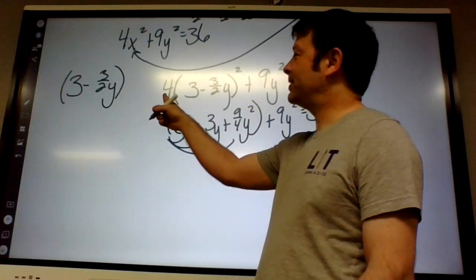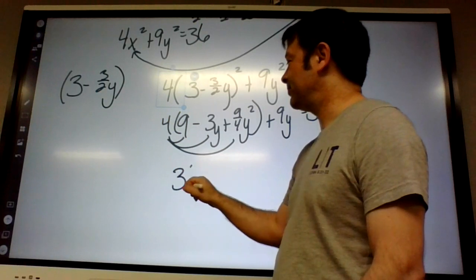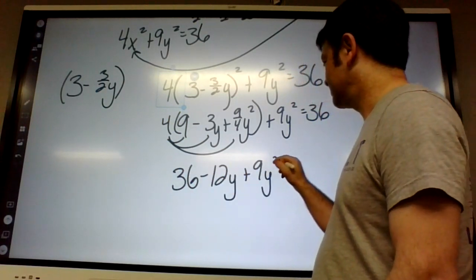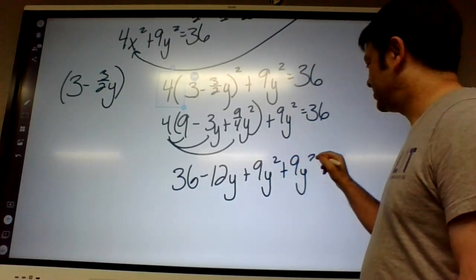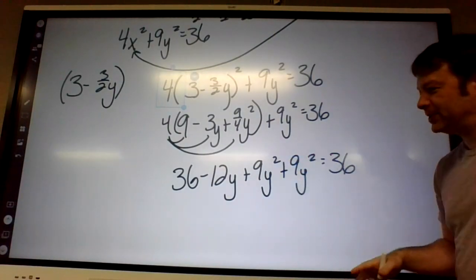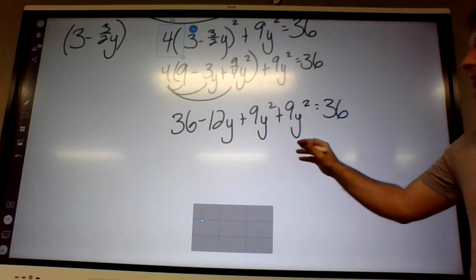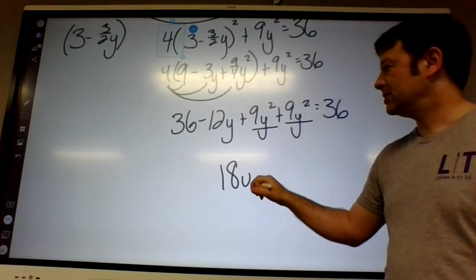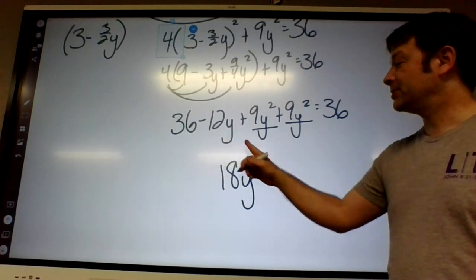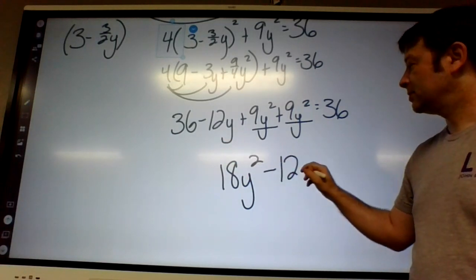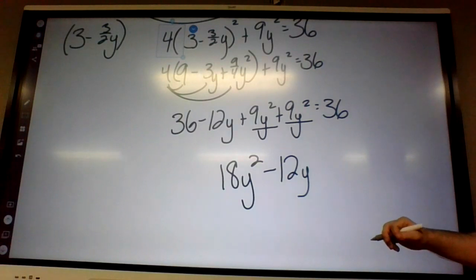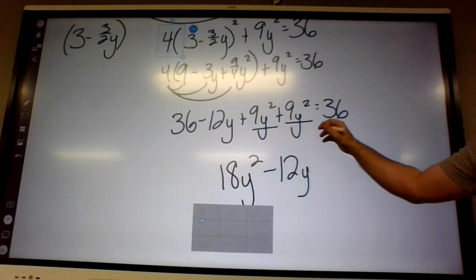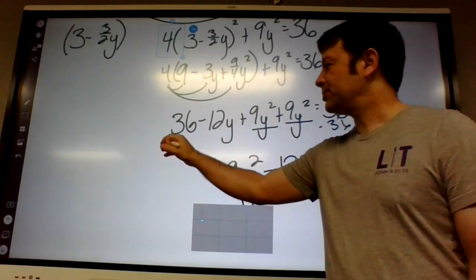All right, the 4 is still out there, so I'm going to distribute the 4. Problems are beefy. We're not doing a lot of them though. We can take it. Okay, 9y squared plus 9y squared is 18y squared. Then there's a minus 12y. This is a lot like number 2. And then what do I do with this guy? And look at that, he's got a twin over here.